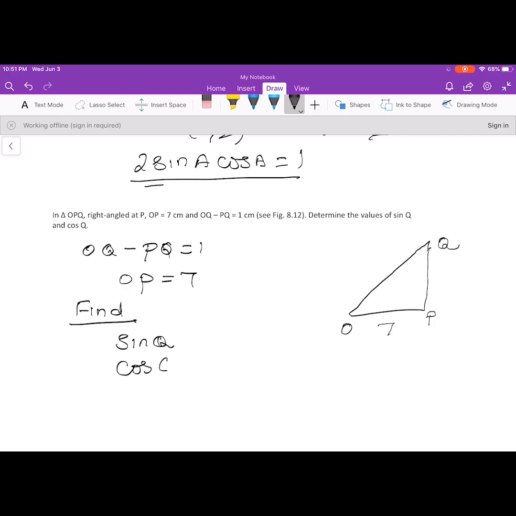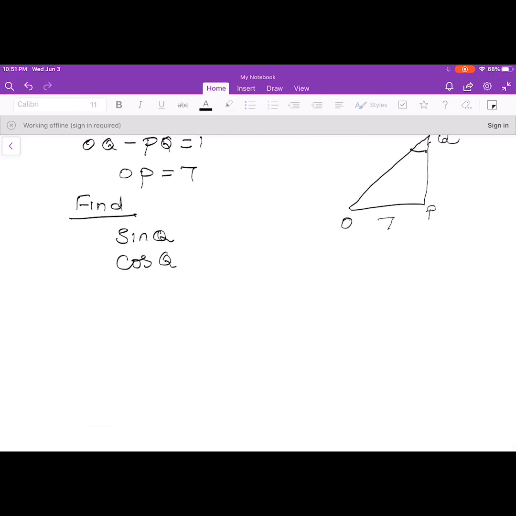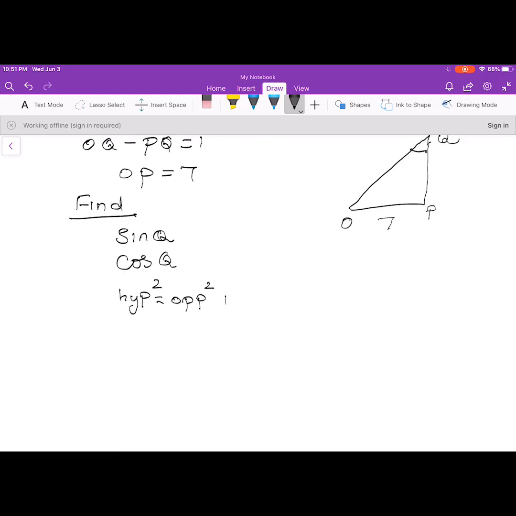To find out sin Q and cos Q, I should know the adjacent and the hypotenuse. My opposite with respect to Q is given. I have to find out the hypotenuse and adjacent. I am moving into the Pythagoras theorem. Hypotenuse square is equal to opposite square plus adjacent square.